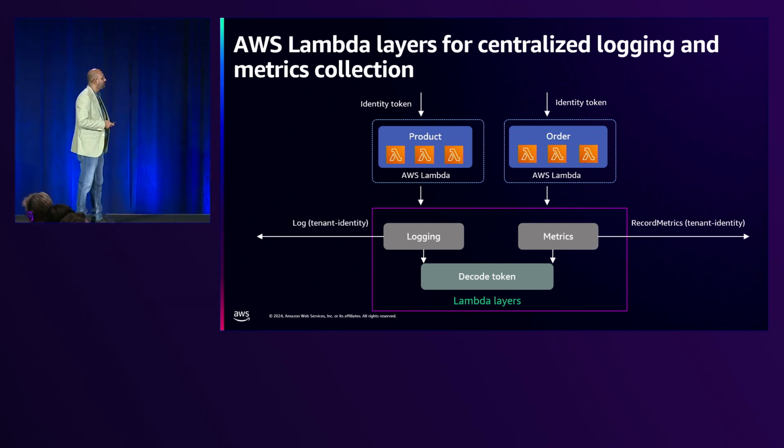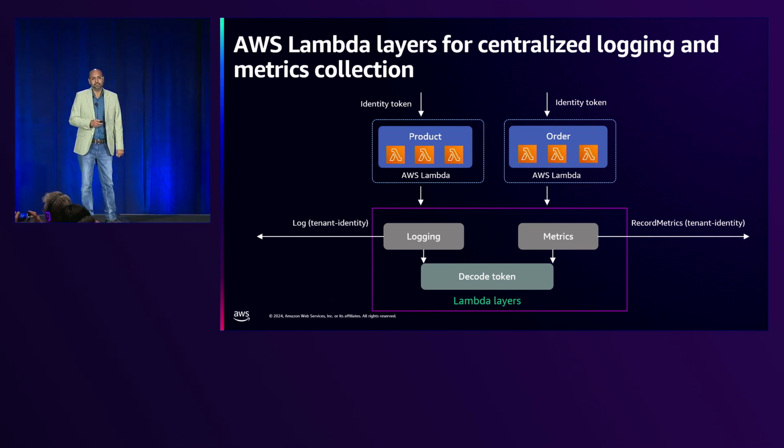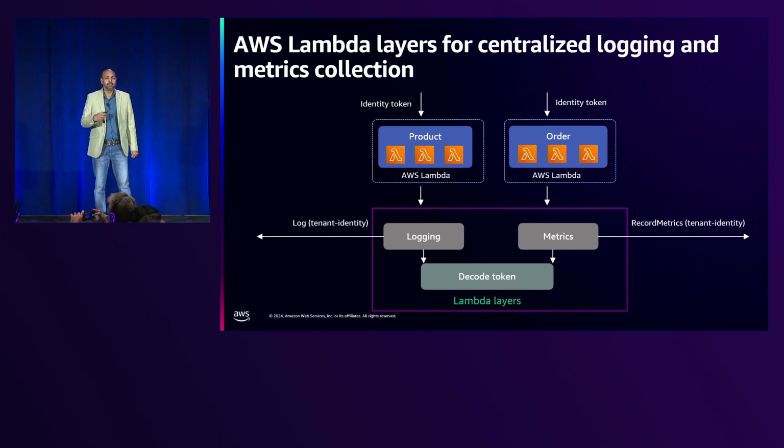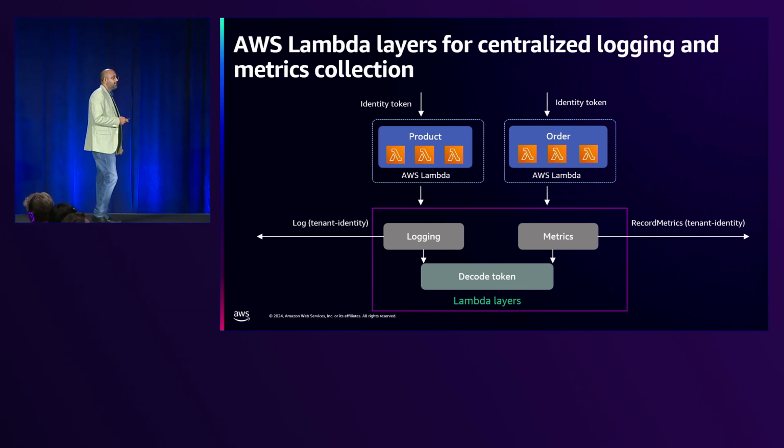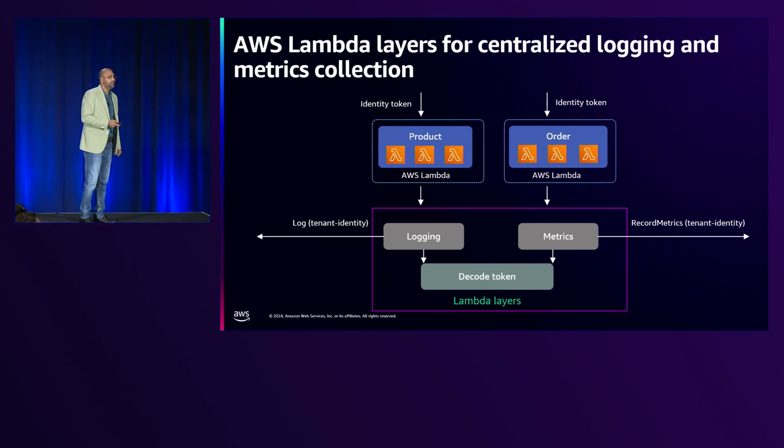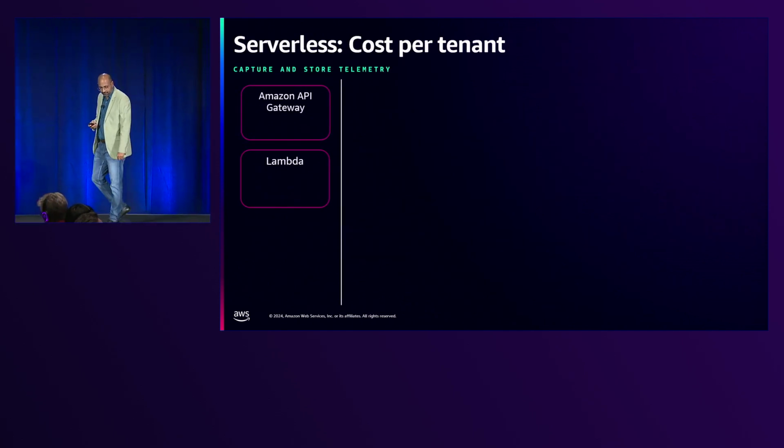So, how does the flow work? The request is received by the service layer, the service layer reaches out to the Lambda layer which decodes the token, identifies the right tenant context, and then it logs the application behaviors as well as the consumption metrics, right.